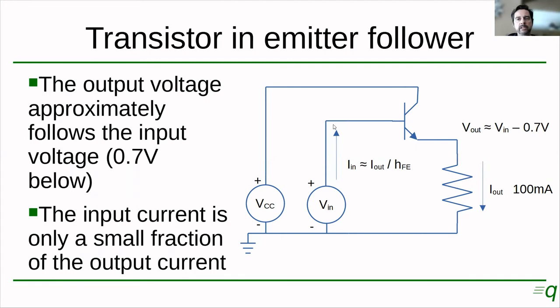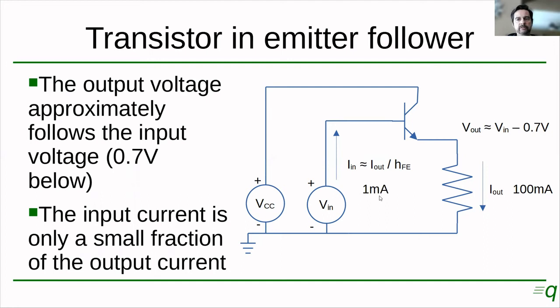And the base current, which is the current delivered by this source, is going to be the output current divided by HFE, or the DC current gain, or the beta of the transistor. Now, let's assume that beta is 100.